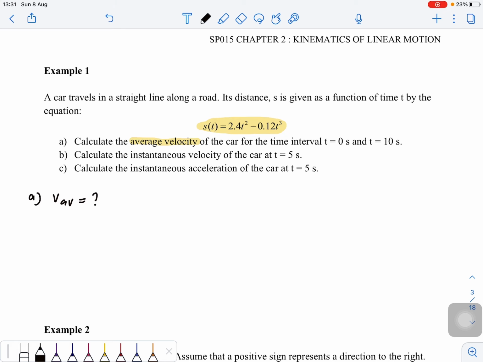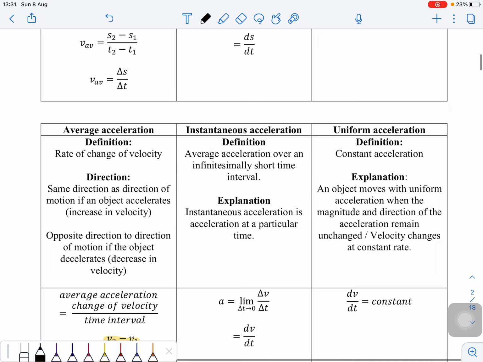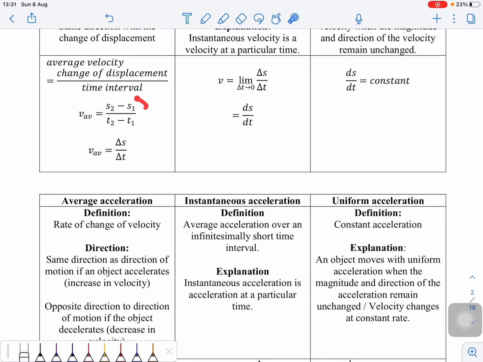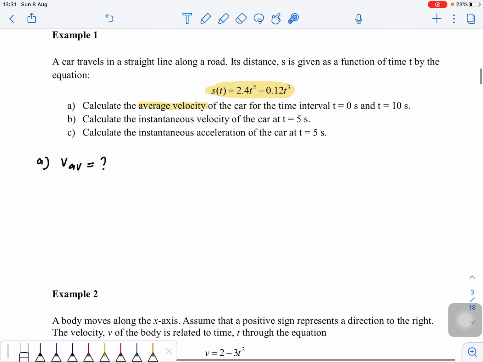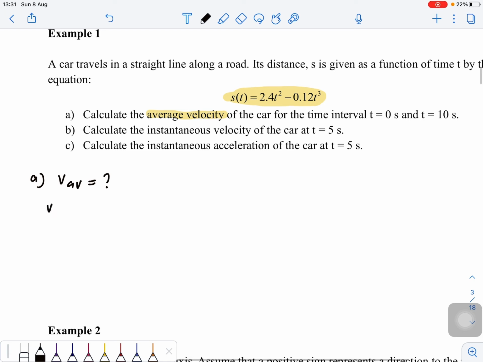Okay, so rujuk semula formula untuk average velocity, which is this one. S2 minus S1, T2 minus T1. So average velocity, S2 minus S1 divided by T2 minus T1.